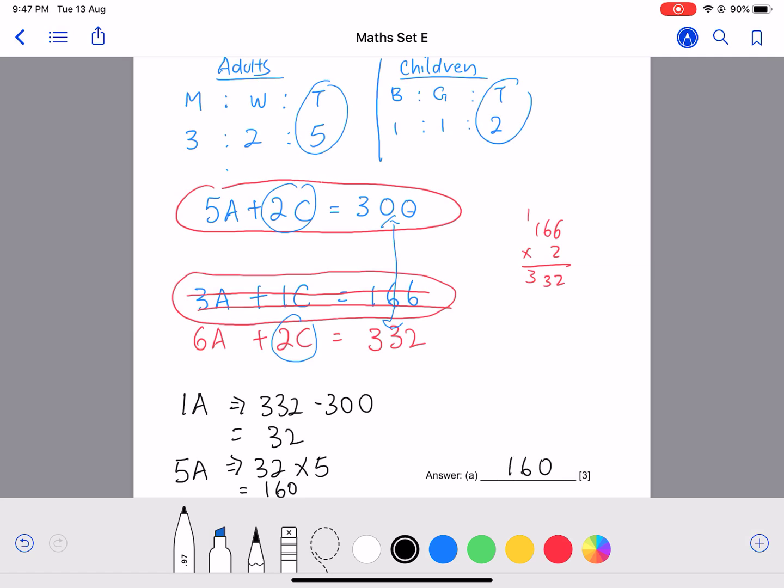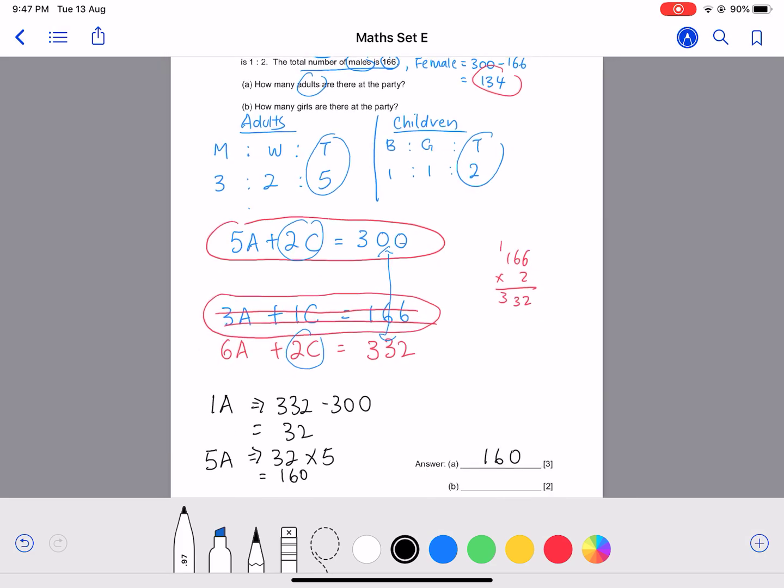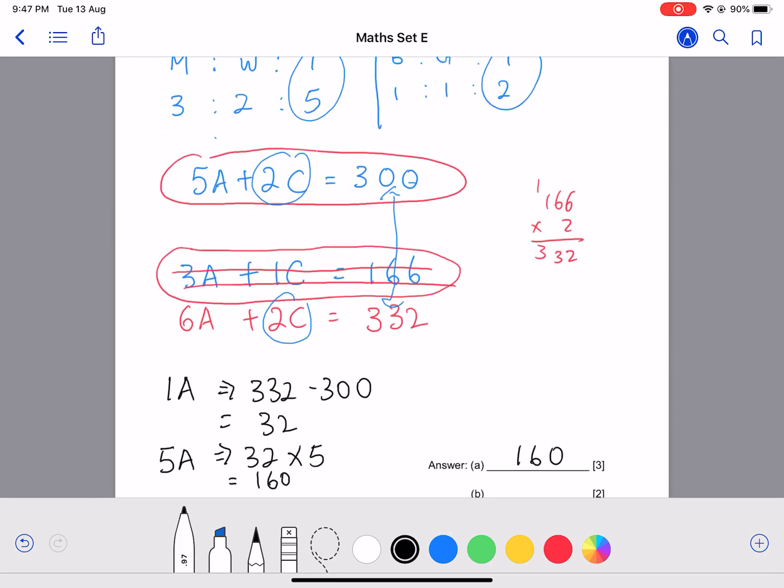That's the number of adults. So with 160, now you know there's a total of 300. 160 is adults, then 140 must be children. And this 140 is divided into boy girl 1:1, right? So just divide it by 2. Total 2 units, 70 girls.